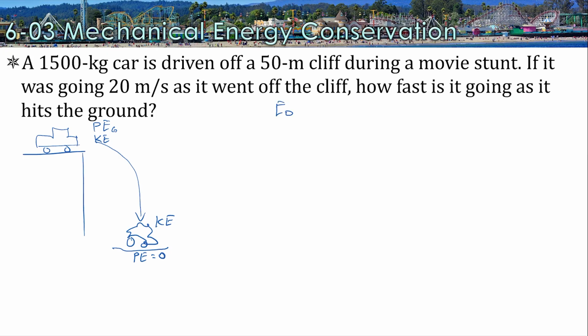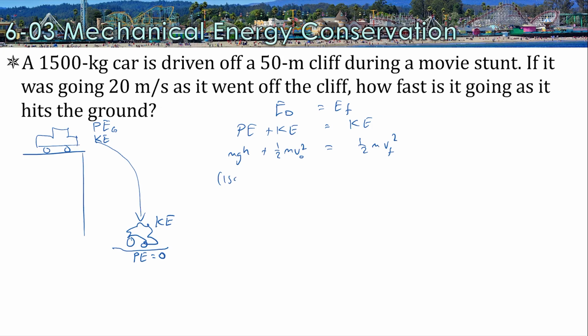So our initial energy is going to equal our final energy. So we initially have potential energy and kinetic energy. At the end, we only have kinetic energy. So that's mgh plus 1/2 mv squared initial equals 1/2 mv squared final.